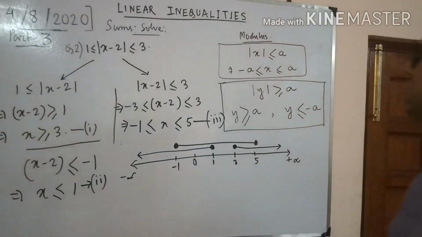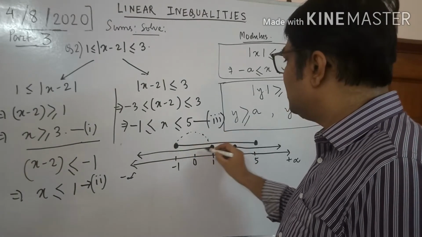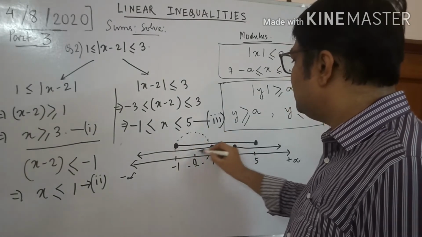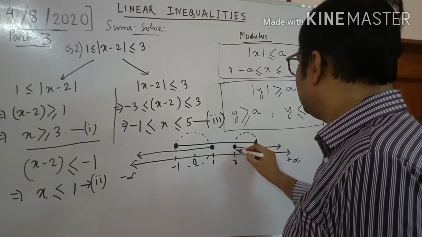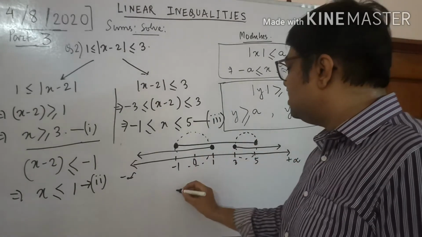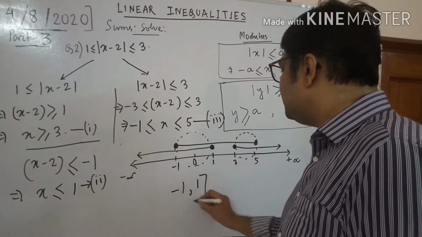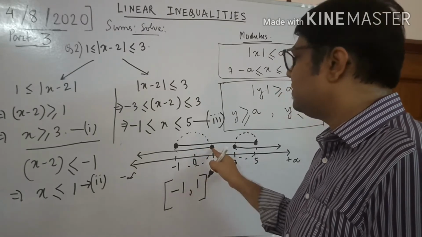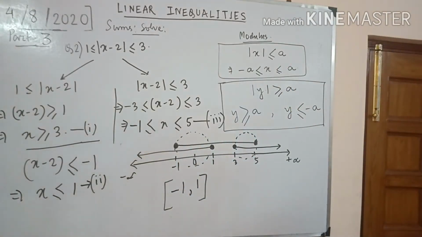Now see all the common region. Which are the common regions? This will be the common region. This will be the common region. This to this. So the common solution is minus 1 to 1, and that is closed. Why closed? It can be less than 1 but more than minus 1.